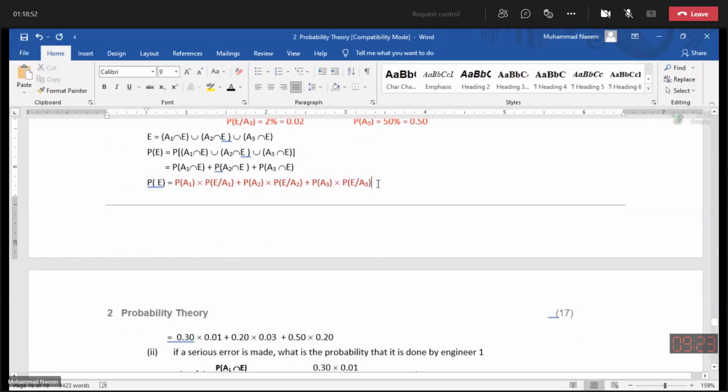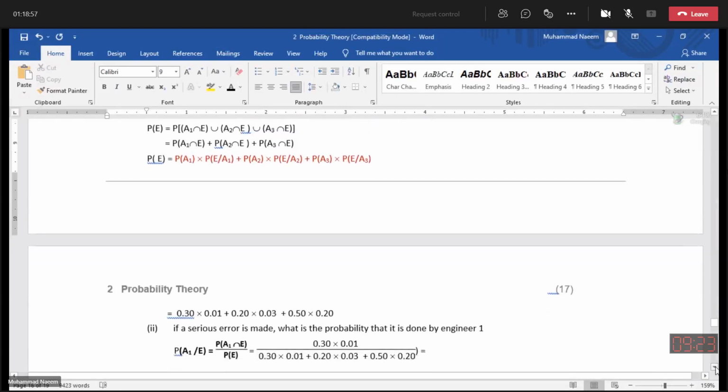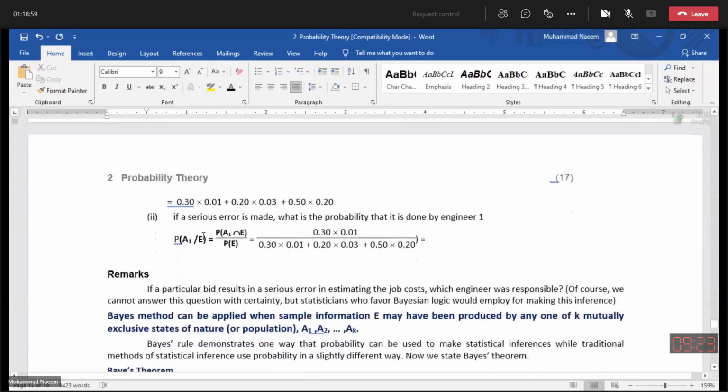Up to this stage, this is called the law of elimination or the law of total probability, and also find this conditional probability. What is the meaning of this one? If a serious error is made, what is the probability that it is done by engineer 1?